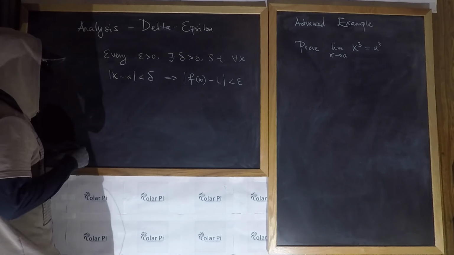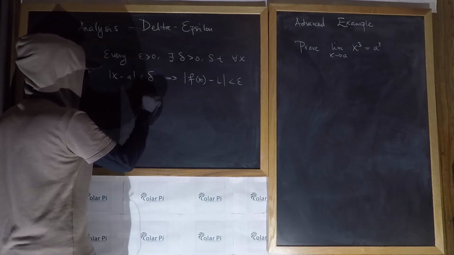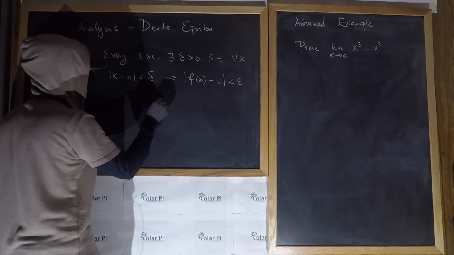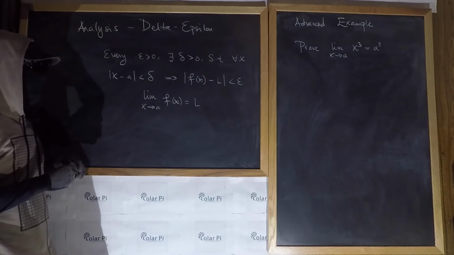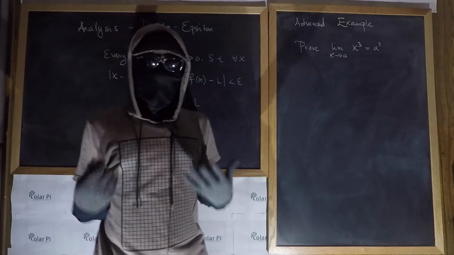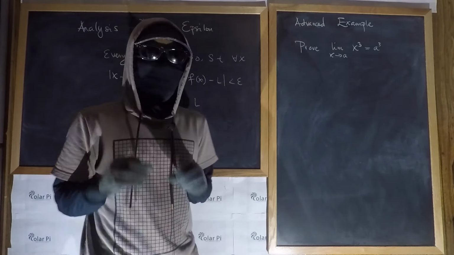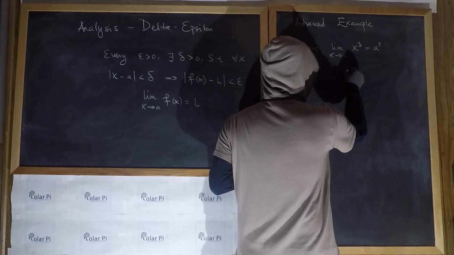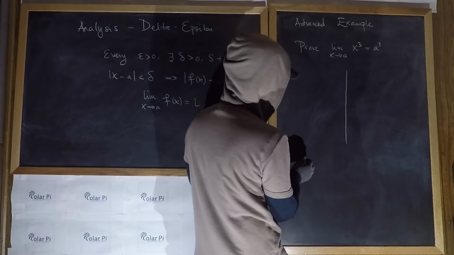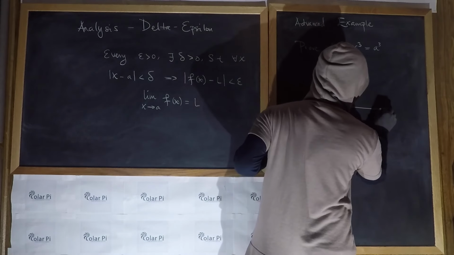If this is true, then we can say that the limit as x goes to a of f of x is equal to L. Again, I already explained it in example 0 of the delta-epsilon limit definition in my Calculus 2 video series.